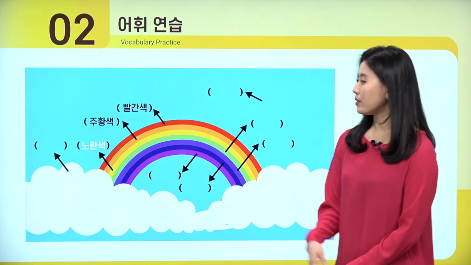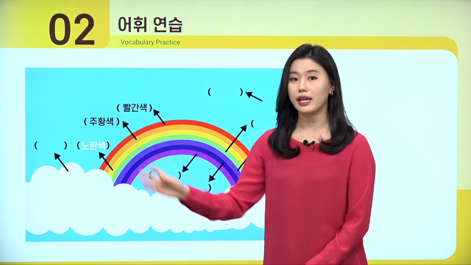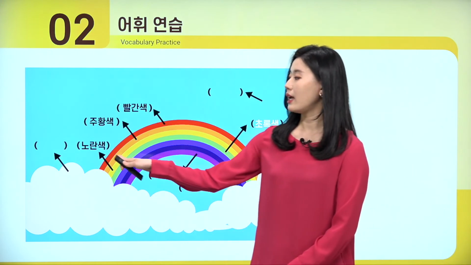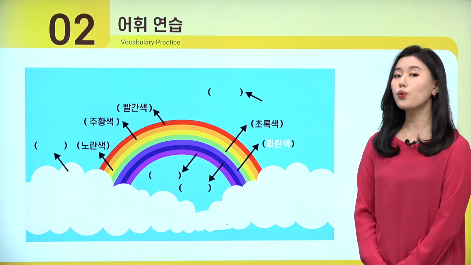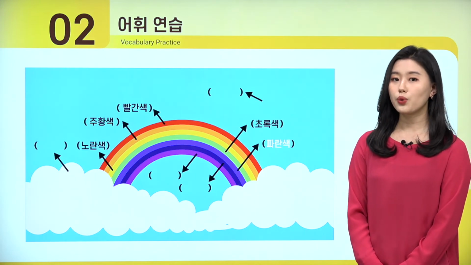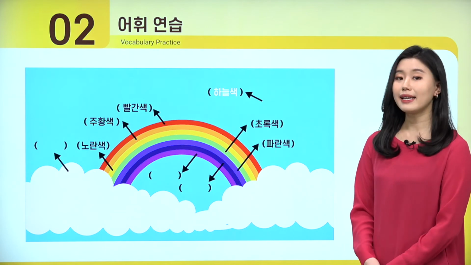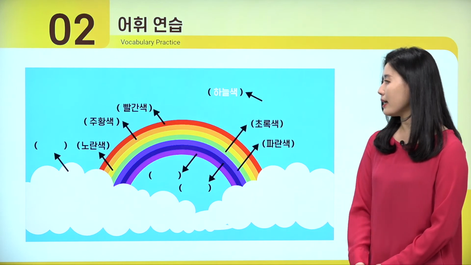The first line is 빨간색, the second line is 주황색, the third line is 노란색. Next we have 초록색, green. Next one 파란색, for blue.